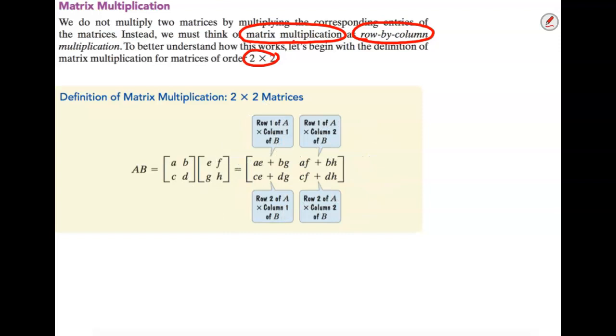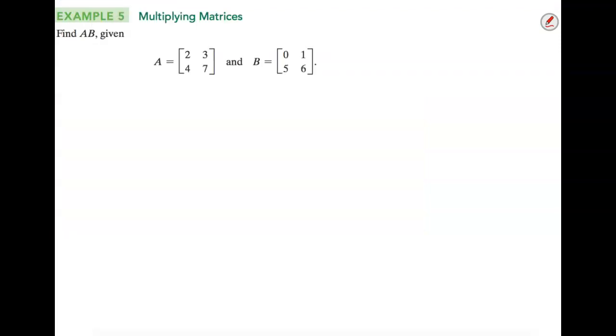what does this look like? So here's an example of a 2 by 2 matrix multiplying another 2 by 2 matrix. So we're going to start with this first row multiplying by that first column.